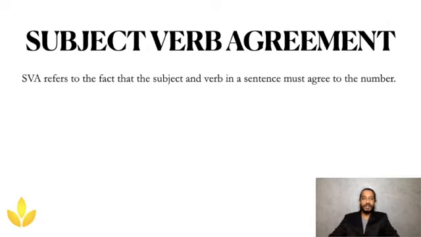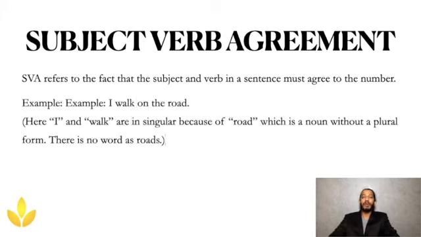Now, what is this number exactly we are talking about? For example, if I say, I walk on the road, here I and walk are singular, and road is a noun in its singular form.